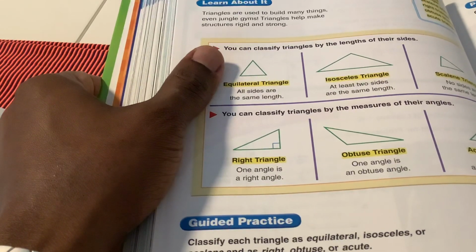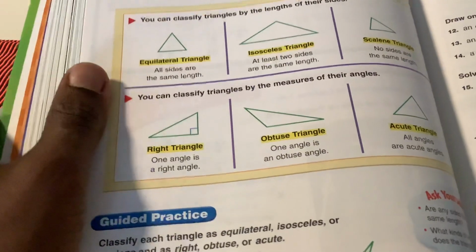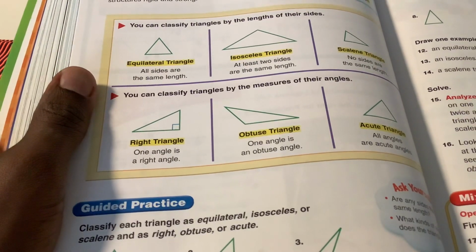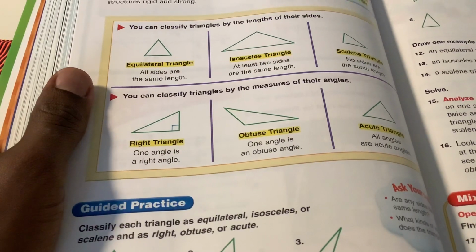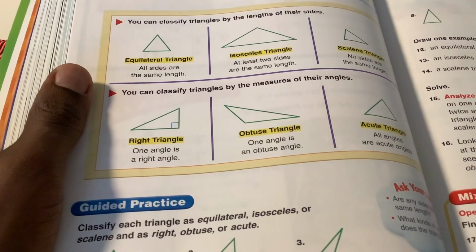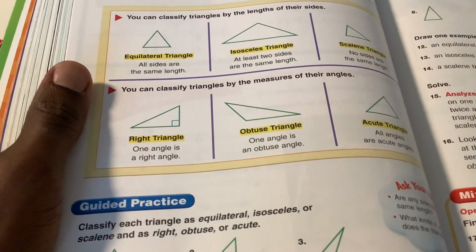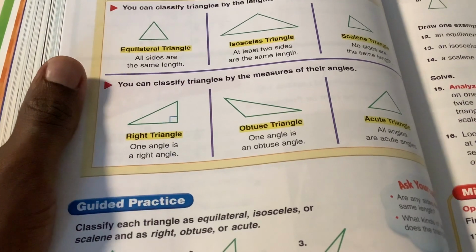Triangles help make structures rigid and strong. Please look here in the middle. You can classify triangles by the lengths of their sides. You can classify triangles by the measures of their angles. So you can do it in 2 ways.